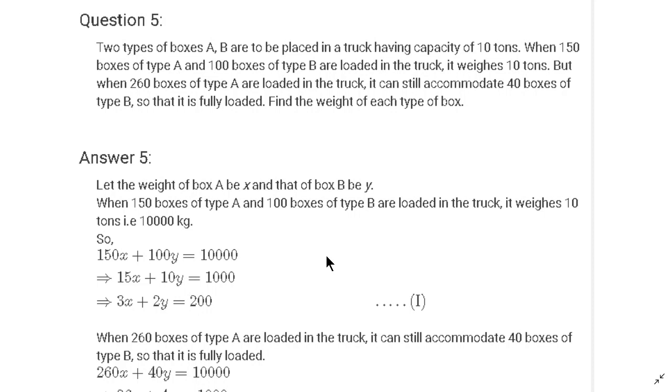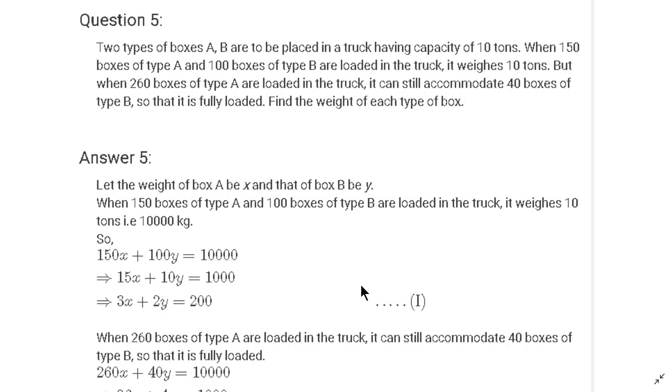But when 260 boxes of type A are loaded in the truck, it can still accommodate 40 boxes of type B, so that it is fully loaded. Fully loaded means 10 tons, right? Find the weight of each type of box.